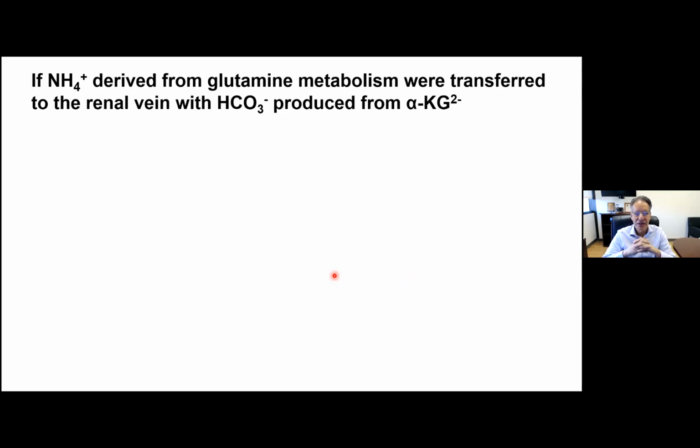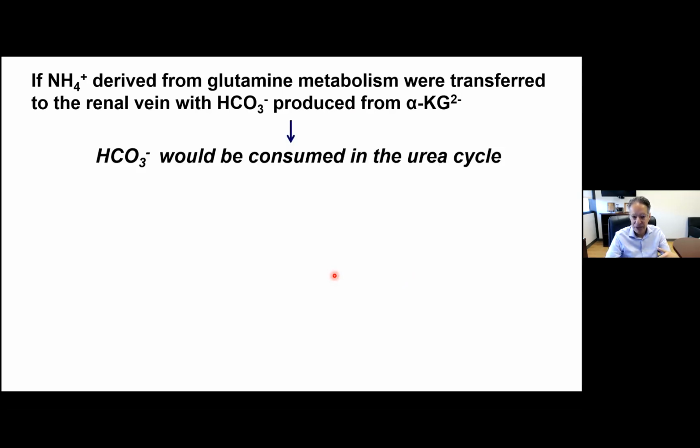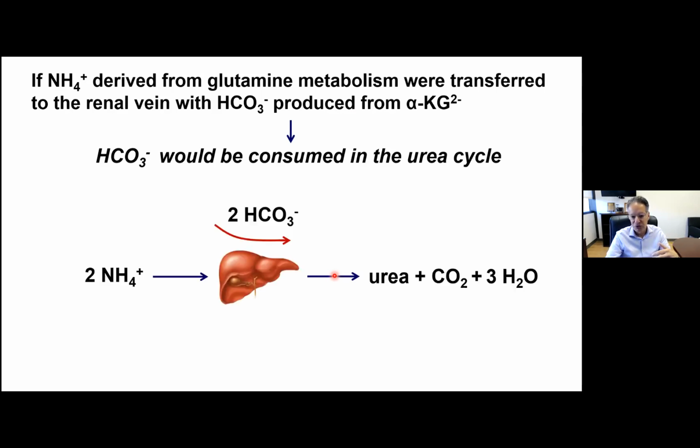And the reason is, if the ammonia that was derived from glutamine were transferred to the renal vein with the bicarbonate that was produced, the bicarbonate would be consumed in the urea cycle. So the bicarbonate would not be free to match your daily hepatic proton load. Instead, if there's ammonia that's also coming out of the cell with bicarbonate, the ammonia and bicarbonate would be consumed in the urea cycle in the generation of urea.